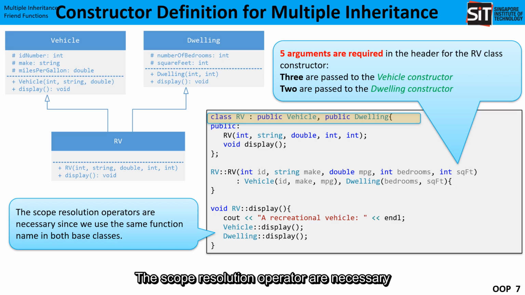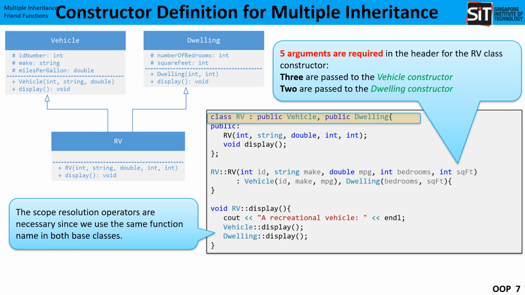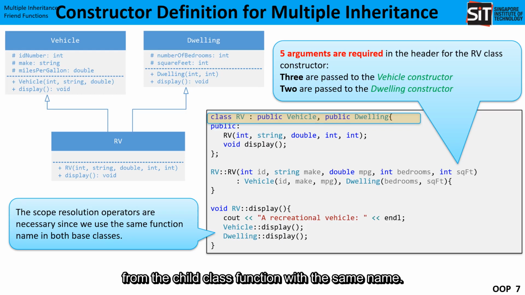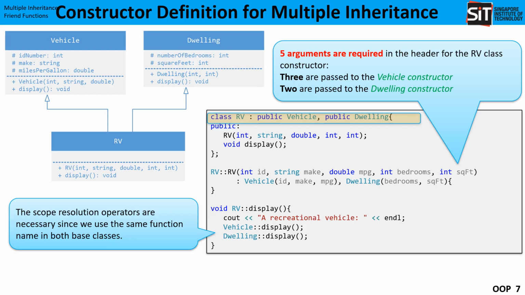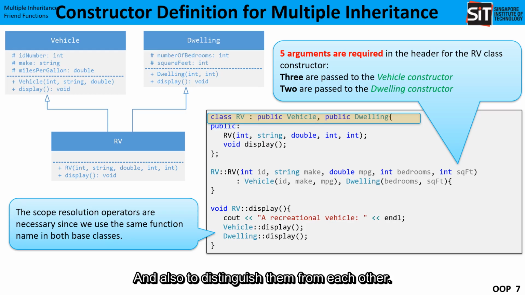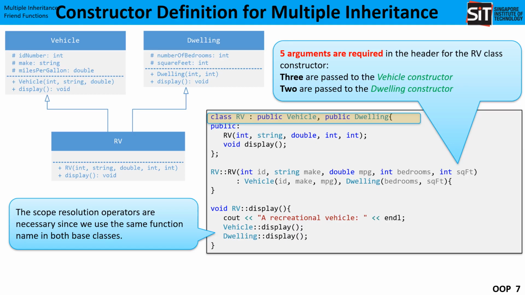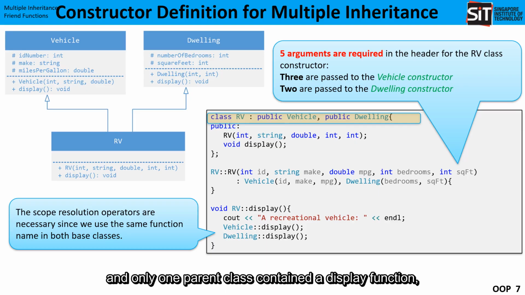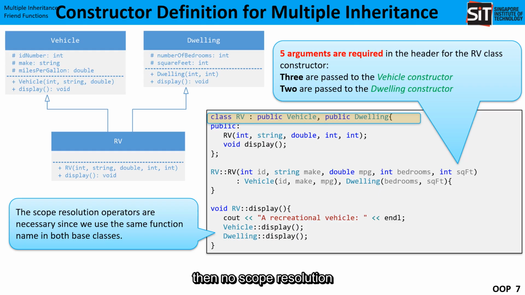The scope resolution operators are necessary with the two calls to the parent display functions, both to distinguish them from the child class function with the same name, and also to distinguish them from each other. If the child class function was not named display, and only one parent class contains a display function, then no scope resolution would be necessary to use the function.